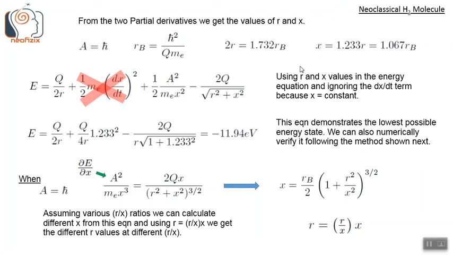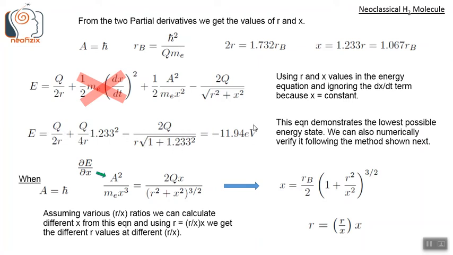Now using these r and x values in the energy equation and ignoring the dx by dt term because x is constant, we get this equation. So the q by 2r term remains the same. The a square by me x square term becomes q by 4r 1.233 square, and the last potential energy term becomes this.